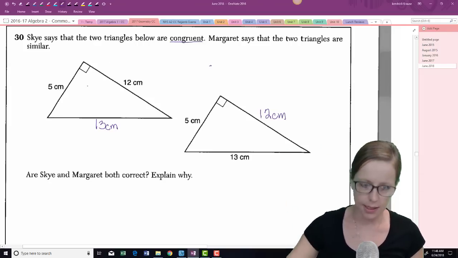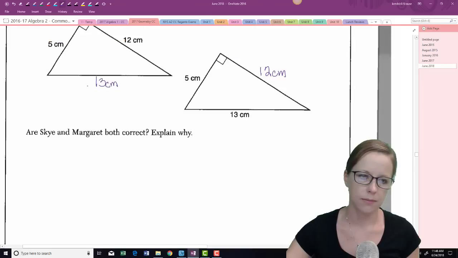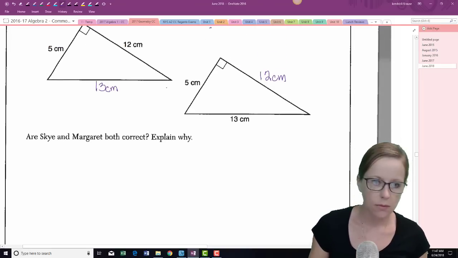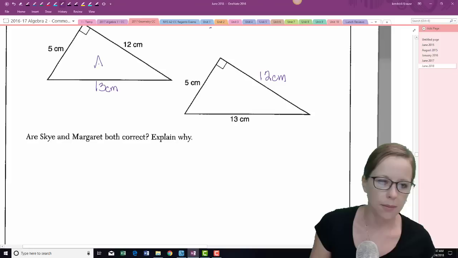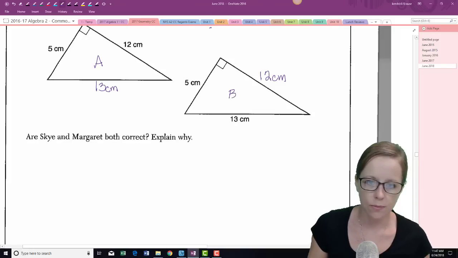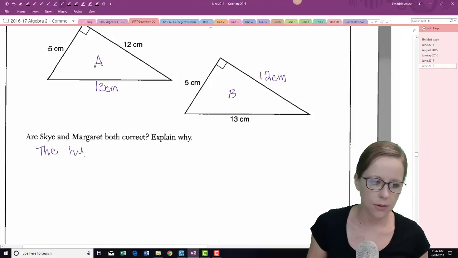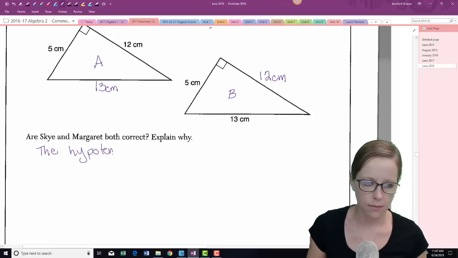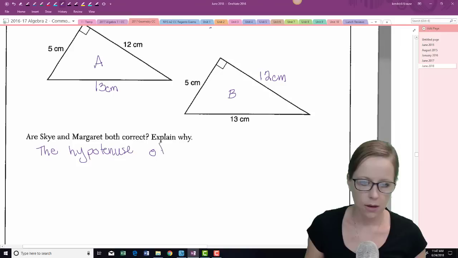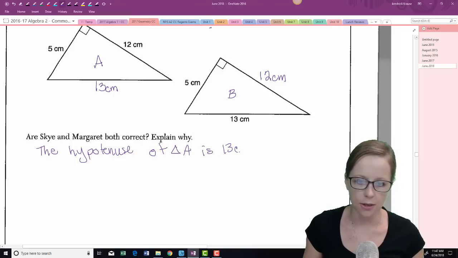I started with Sky. And I said down here, I'm going to label these A and B. The hypotenuse of triangle A is 13 centimeters.